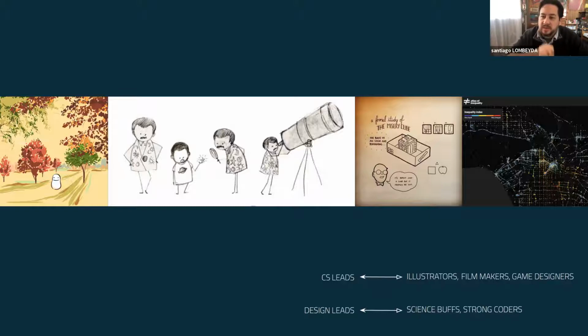Even though there are 3 CS leads and 2 design leads, we choose each of the CS leads to spearhead each of the projects, just so we can have somebody responsible at the end of the summer. Some of the projects have actually been coded 50% between 2 of the CS leads.